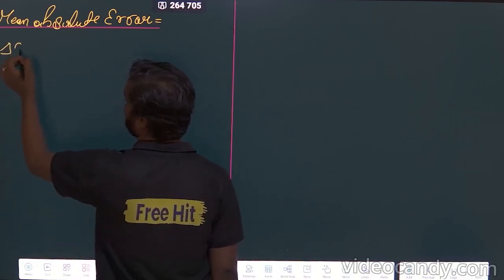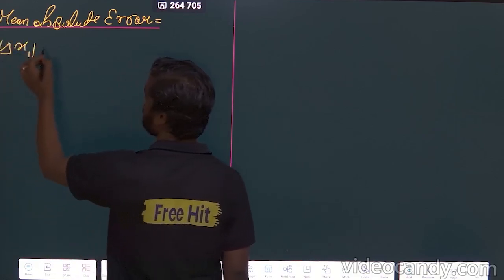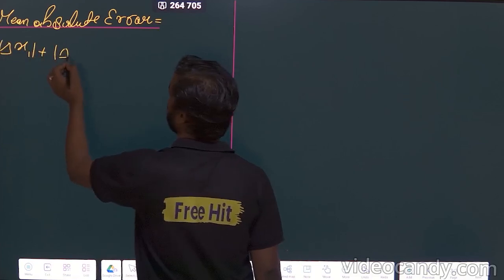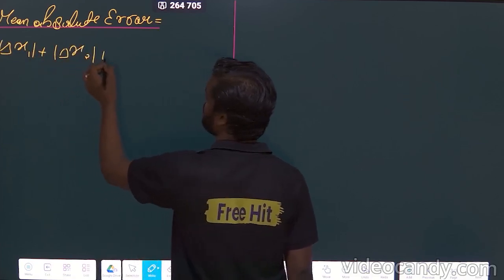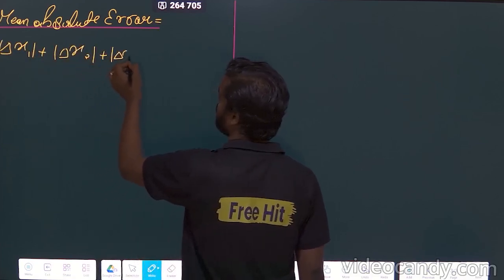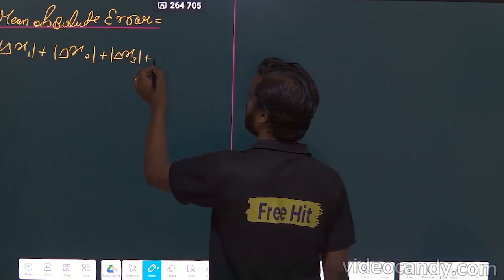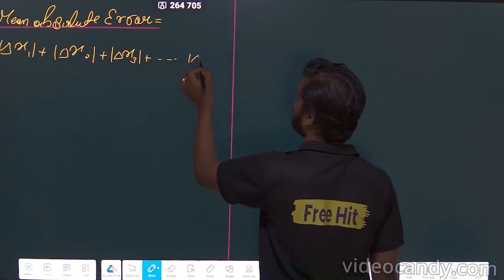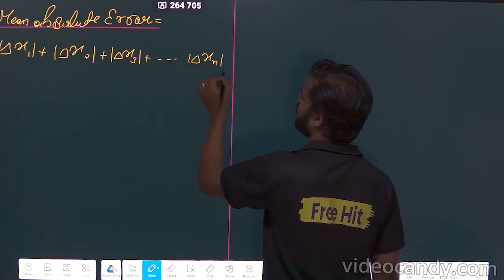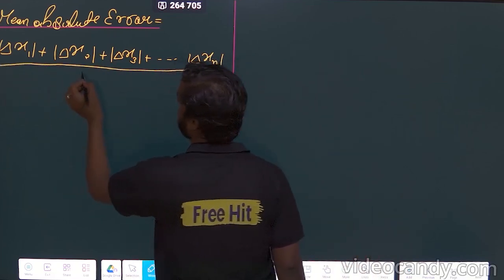Whatever values of delta x you got, take the mod of each, add them, and divide by n.